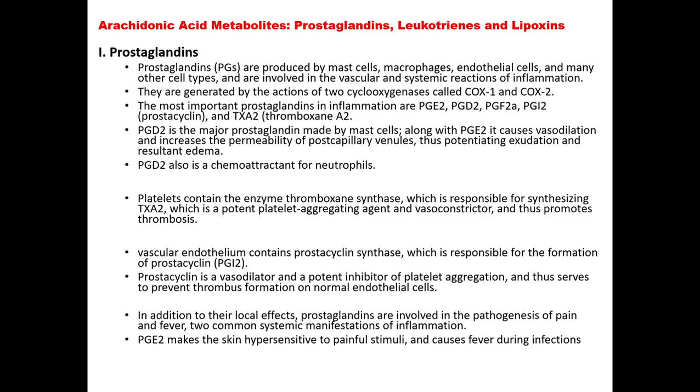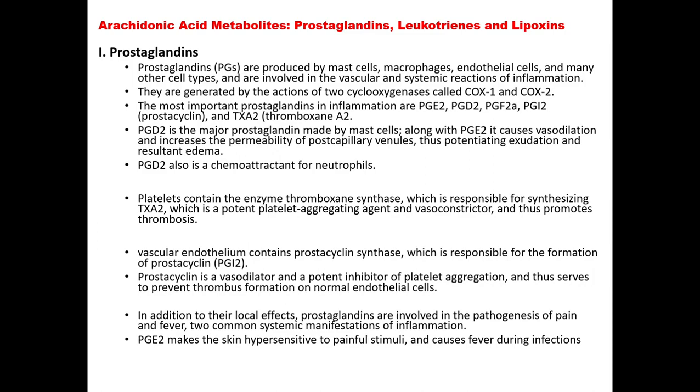Prostaglandin طبعا كل واحد of these prostaglandins it has its يعني certain function. يعني عندنا البروستاغلاندين D2 هو قلنا along with prostaglandin E2 they cause vasodilation and increase in the permeability of post-capillary venules, so they potentiate exudation and result in edema.